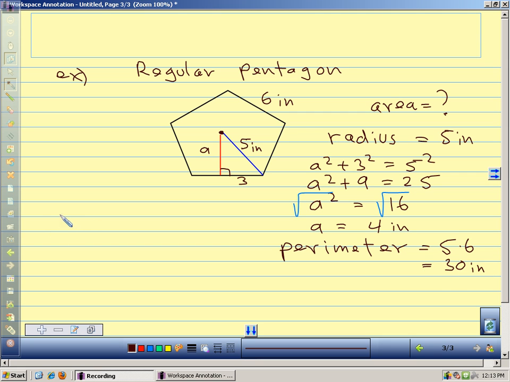So my area, finally, is 1/2 the apothem, which is 4, times 30, which comes out to 60 inches squared. So when I have my radius, I can use the Pythagorean theorem to find the apothem. Questions on that one?